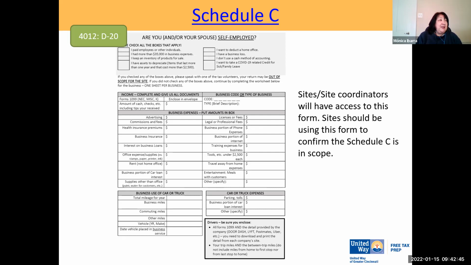That's out of scope. I've been doing this for a really long time. I have no clue what that is. I mean, I understand what depreciation is, but I don't do it. It's out of scope for us. And so we just don't do that. And it gives a little definition of what items can be depreciated.